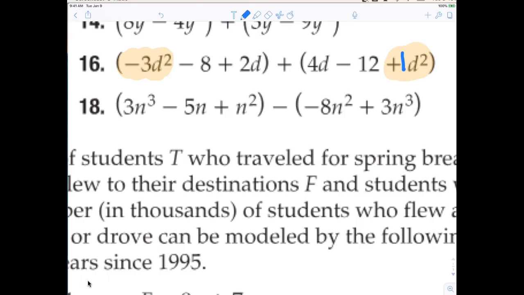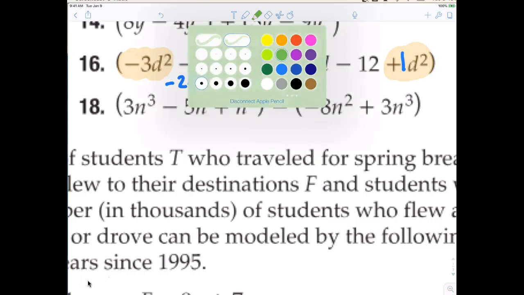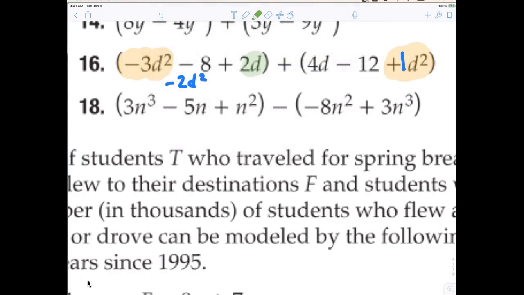Negative 2d squared. You agree? Now we're going to combine the other terms. That's correct. But you have to tell me what type of 6D. I still want you to say plus 6D, right?